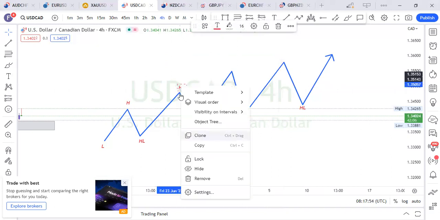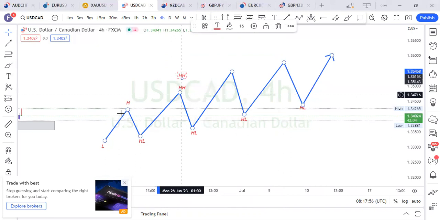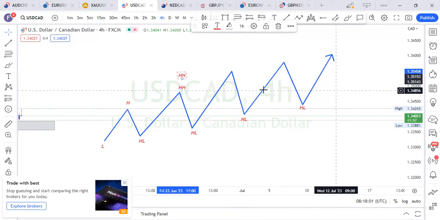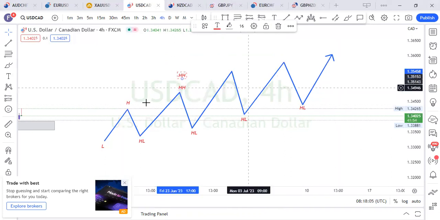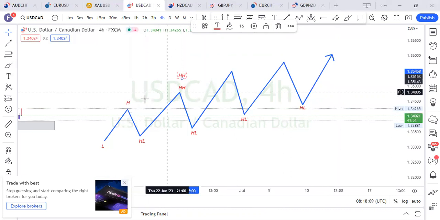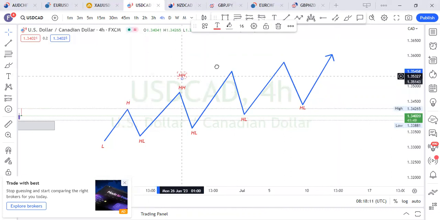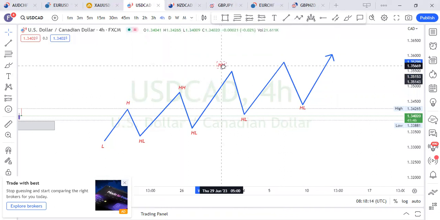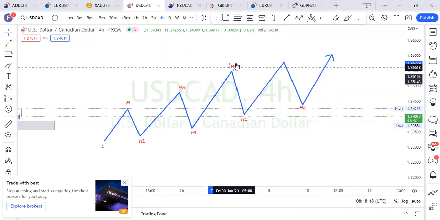Because this high here is higher than this previous high here, which makes this one a higher high. And if you check the sequence, the sequence continues to play. The market continuously takes out the previous high and respects the previous low, which signifies that at this moment in time, the buyers are in control of the market and they are pushing the market to the upside.